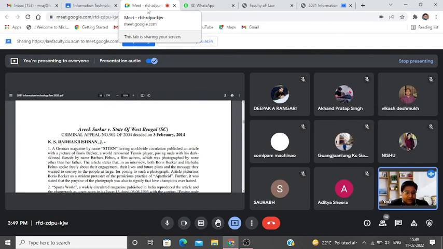When this picture was published in the Stern magazine, it was not a controversy. The controversy started when this article was reproduced in Sports World, a widely circulated magazine in India.